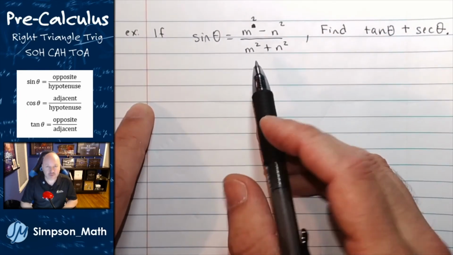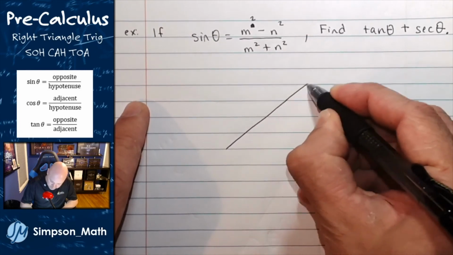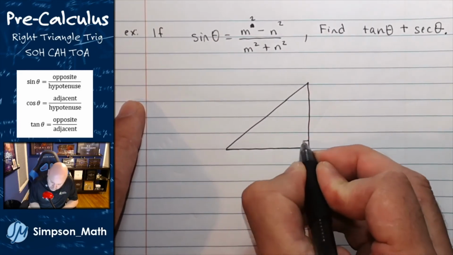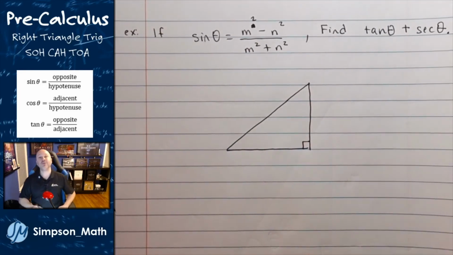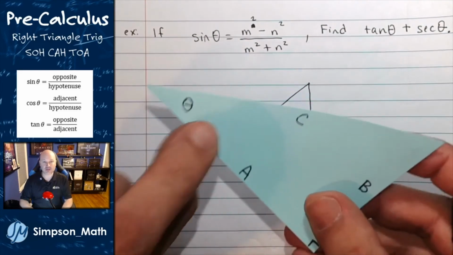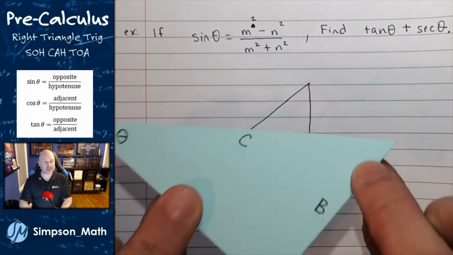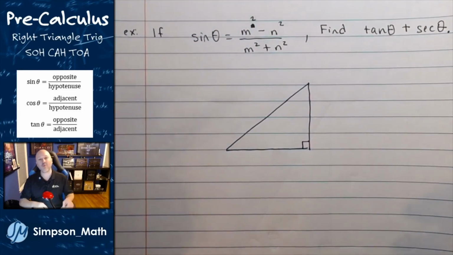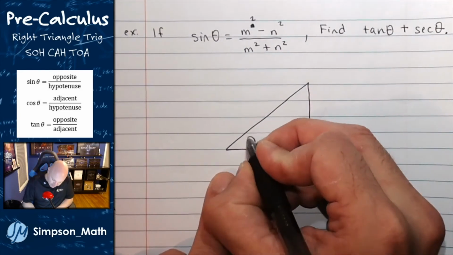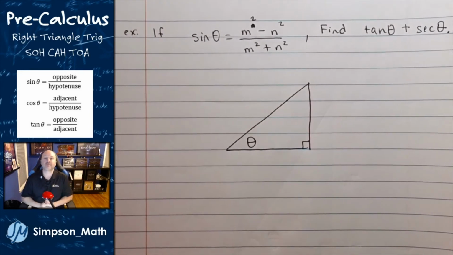I'm going to draw a right triangle. As soon as you have a right triangle, you need to worry about that reference angle. Is it this angle over here? Is it this angle over here? Well, you're creating this problem, so you can decide where that theta is. I'm going to put it down here. Sine, opposite over hypotenuse.